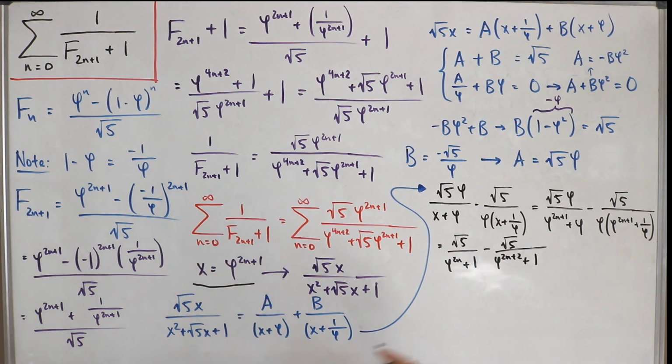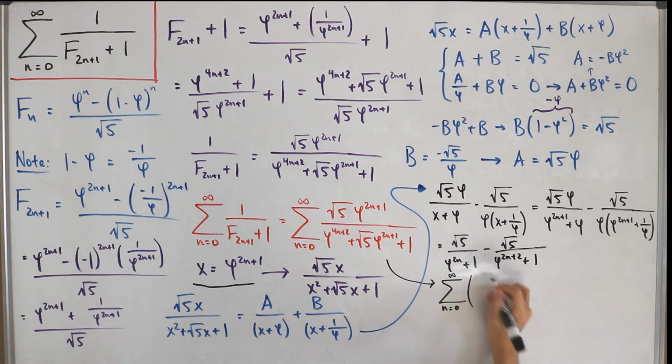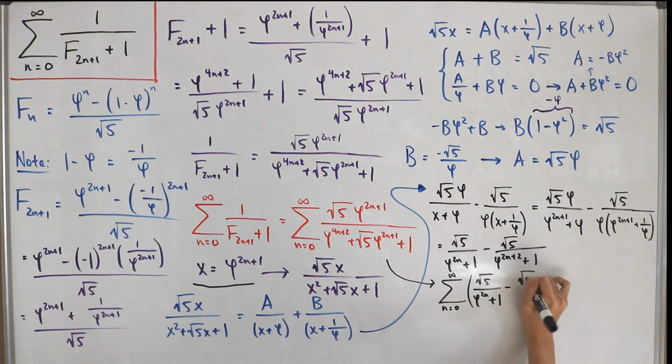Going back to here, that's now the infinite sum from n equals 0 of the square root of 5 divided by phi^(2n+1) plus 1, then subtract the square root of 5 divided by phi^(2n+2) plus 1.